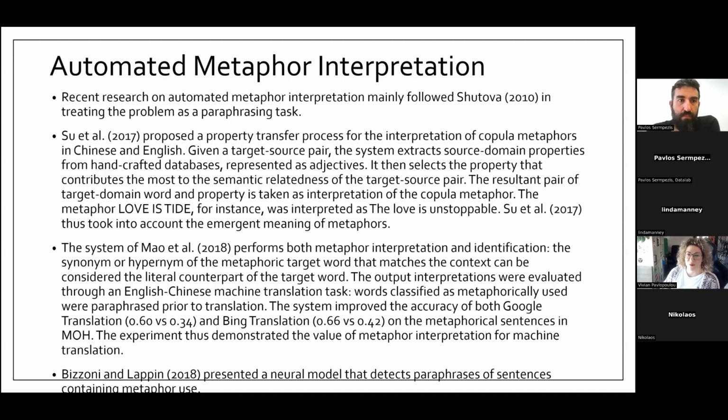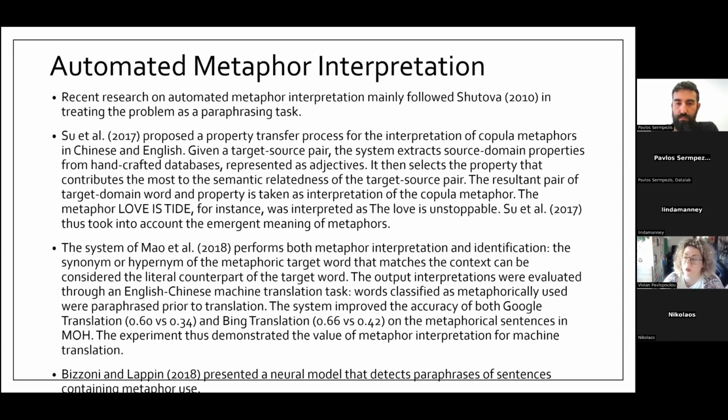Another system, by Mao et al., performed both metaphor interpretation and identification. They used the synonym or hypernym of the metaphoric target word which matched the context, and it was considered the literal counterpart of the target word. The output interpretations were evaluated through an English-Chinese machine translation task. Words classified as metaphorically used were paraphrased prior to translation.